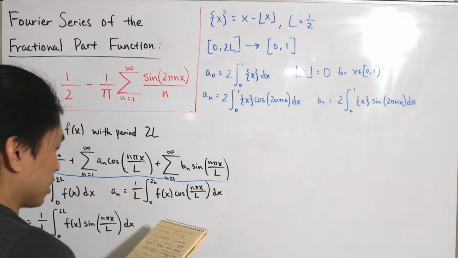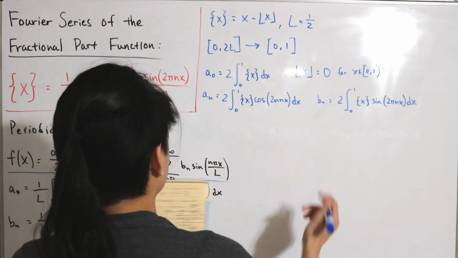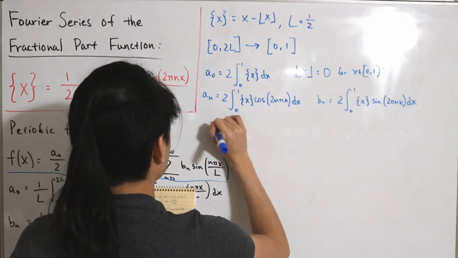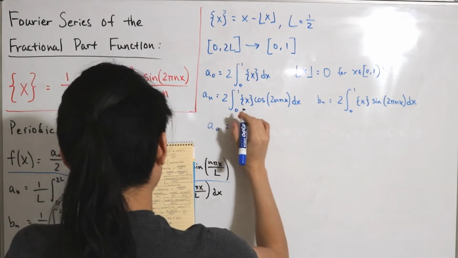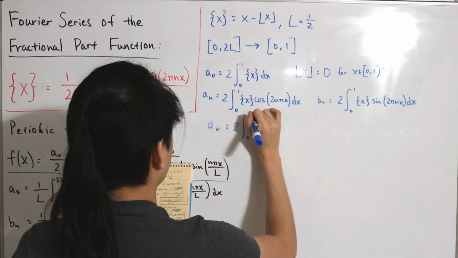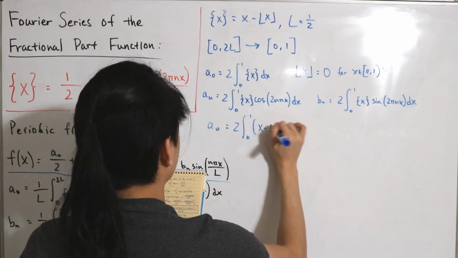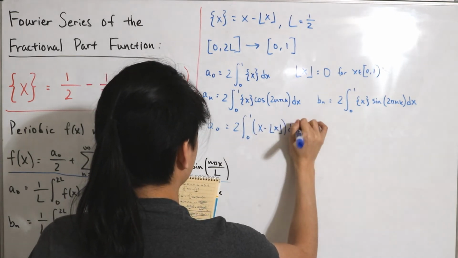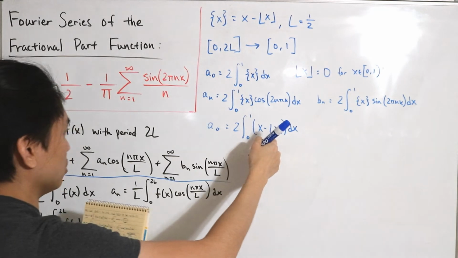From here, we'll calculate things one at a time. Let's first start off with our a sub 0. We said that it's going to equal, substituting this back in, 2 times the integral from 0 to 1 of x minus the floor of x, dx. We said that the floor is equal to 0, so that's fine.